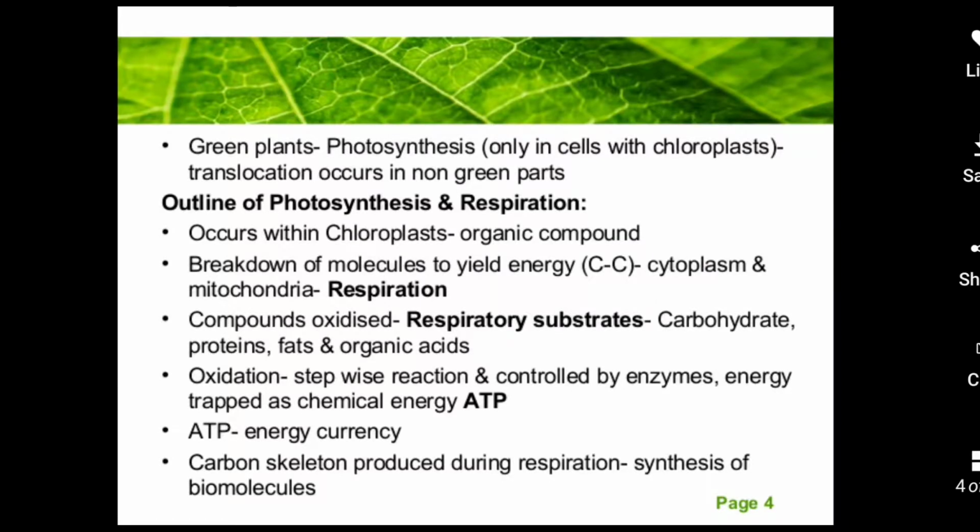Photosynthesis is an endergonic process whereas respiration is an exergonic process. The breakdown of carbon-carbon bonds of complex compounds through oxidation within the cells, releasing a considerable amount of energy, is called respiration.